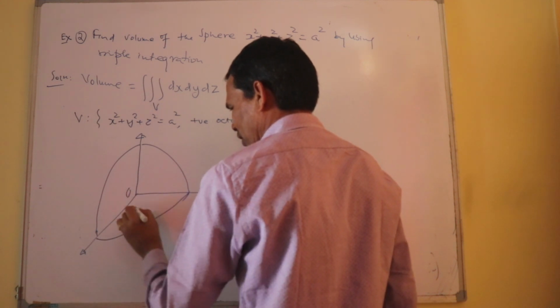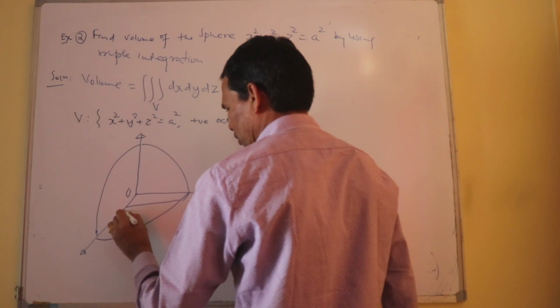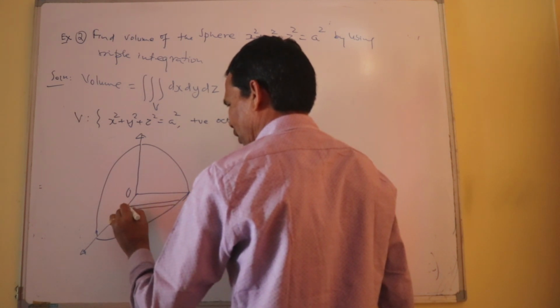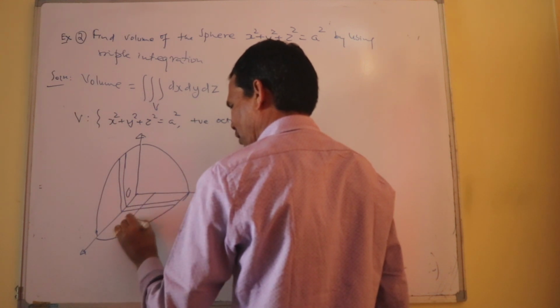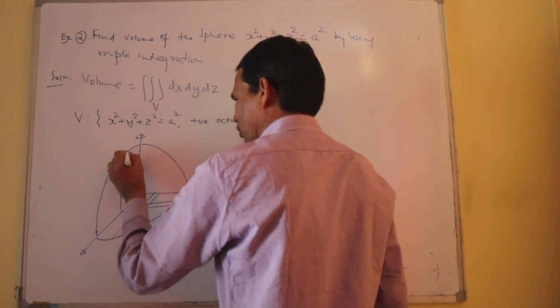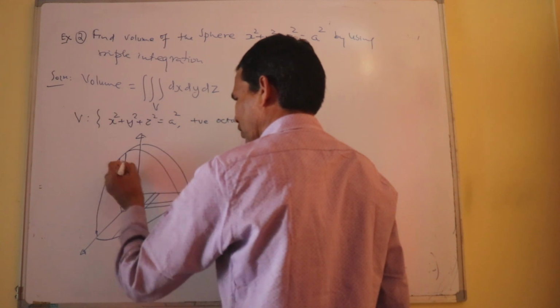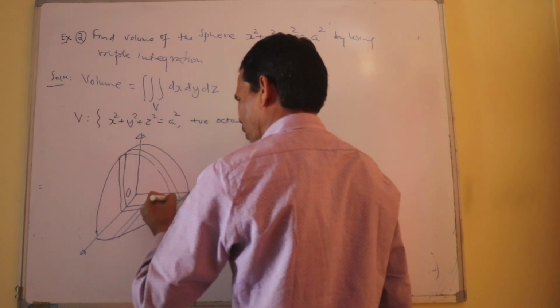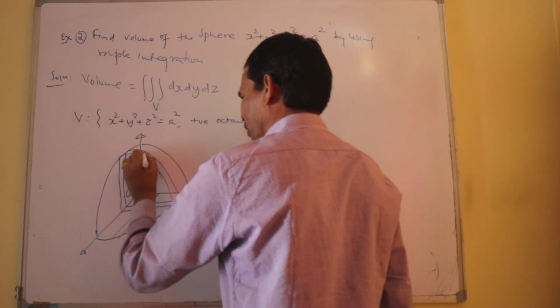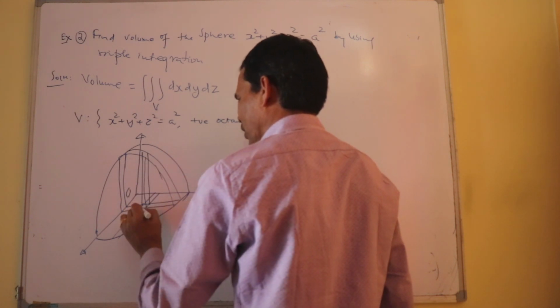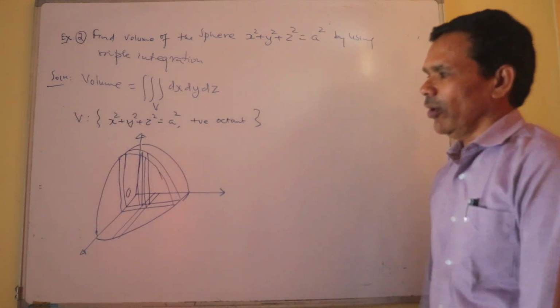It is the origin, and this is part of the sphere. I try to locate this like this, and I draw the volume element touching this particular form.